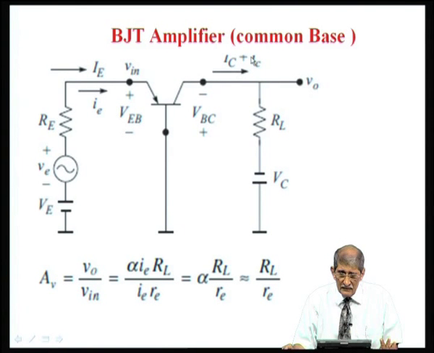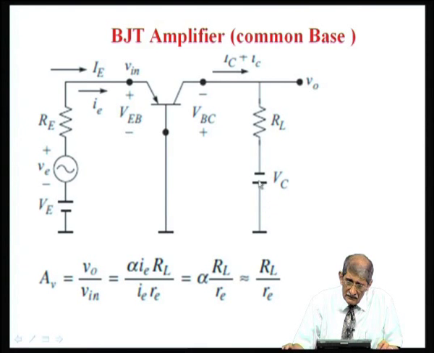This small i C is related to i E by the current gain alpha. i C is alpha times i E, and the AC drop across this resistance is i C into R L. i C is alpha times i E into R L. I hope it is clear.